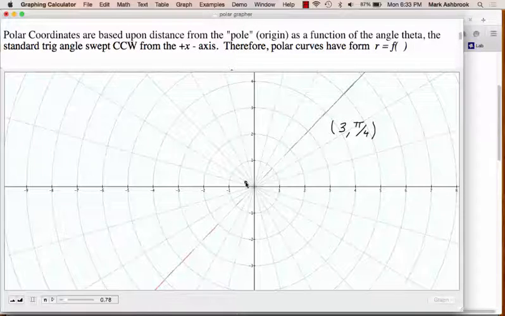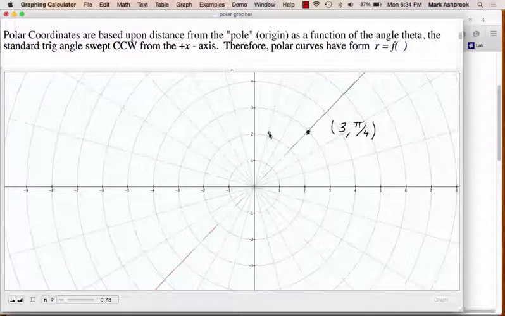I'm highlighting that angle right here. And so now we're going to go a distance of 3 away. 1, 2, 3. Is it split up the same way? Yeah. Great, awesome. So that's that point right there, 3 comma pi over 4.